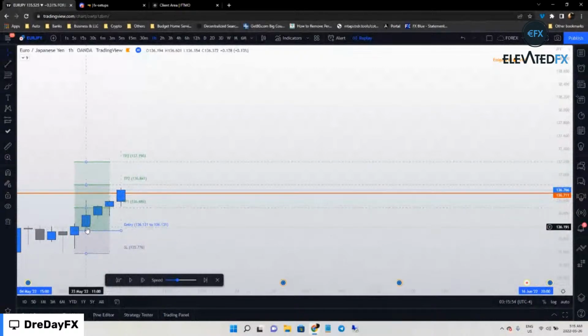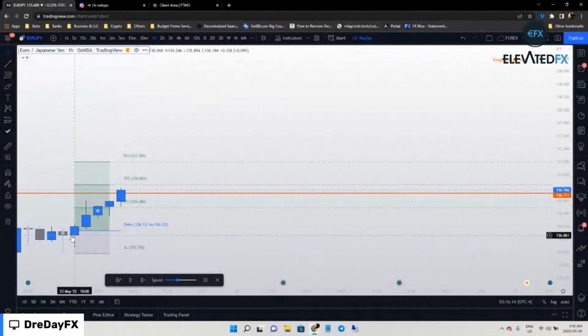Now another thing is my stop loss. Even though the stop loss is right there, I'll always put my stop loss at the beginning of the previous candle, the candle that created the setup.